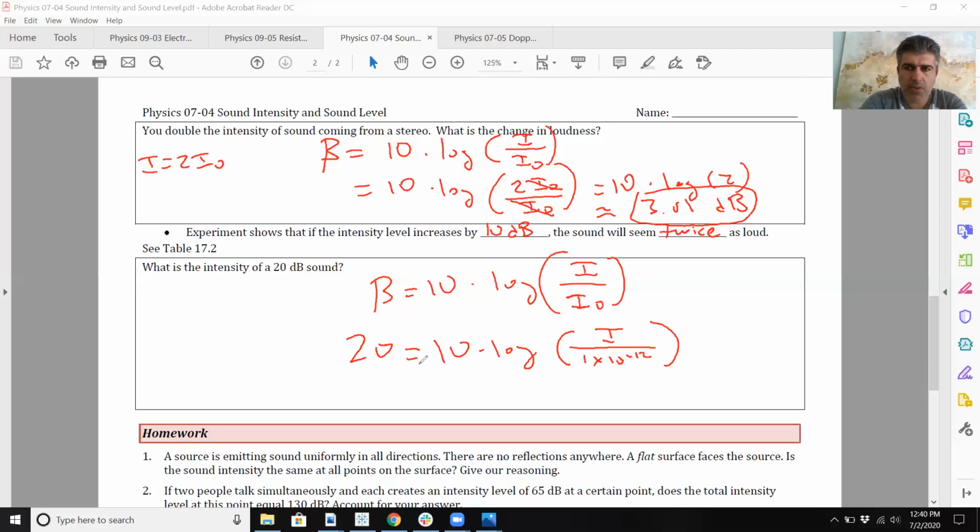And if you do 20 divided by 10, so 2, that's base 10, so it becomes 10 squared. So remember how logs work.